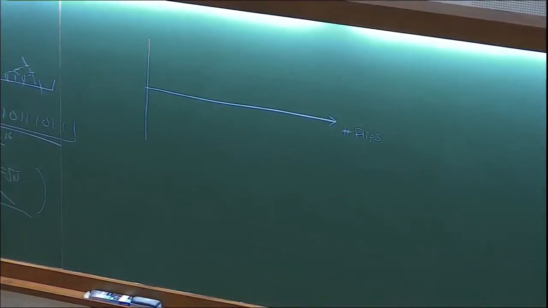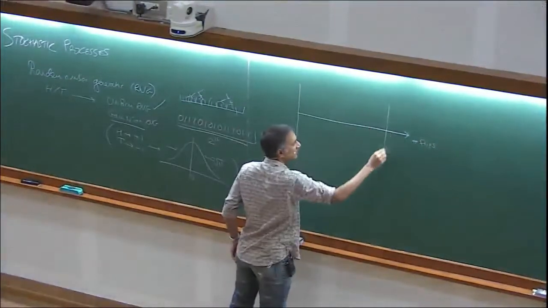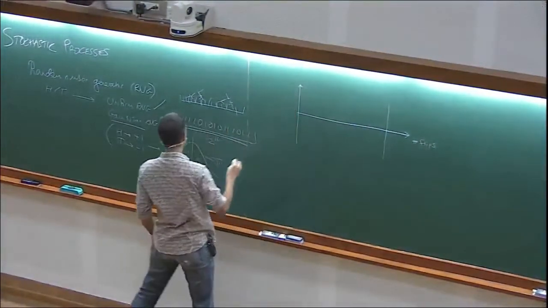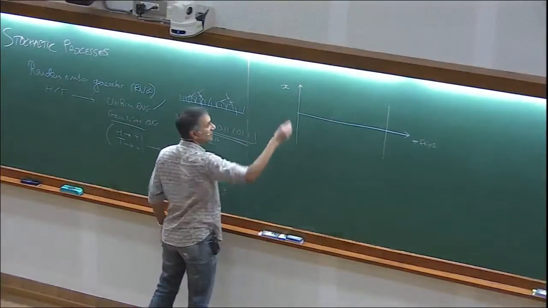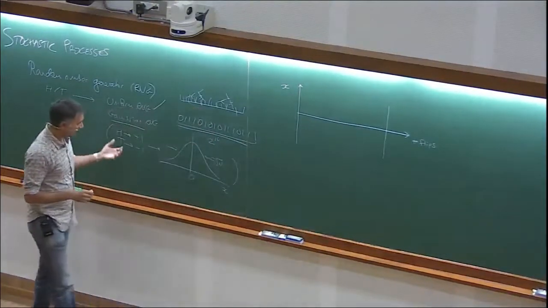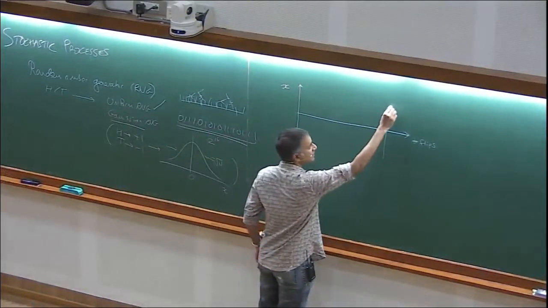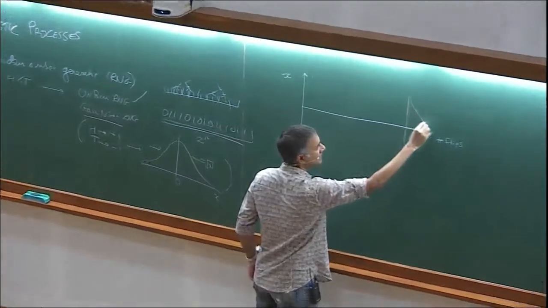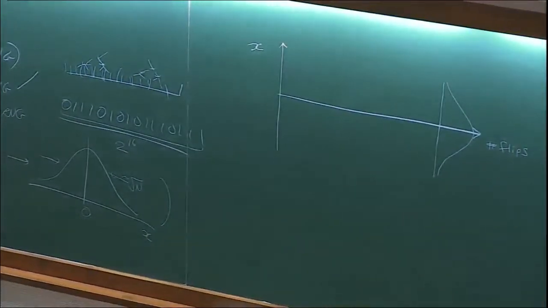Now instead of just being interested in what happens after a large number of flips, so this vertical axis is, let's say, this variable, let's call it x, plus and minus. So what we've said is after a large number of flips, the sum of the number of ones minus the number of zeros is a Gaussian, and that's fine. So this is basic school level probability distribution.